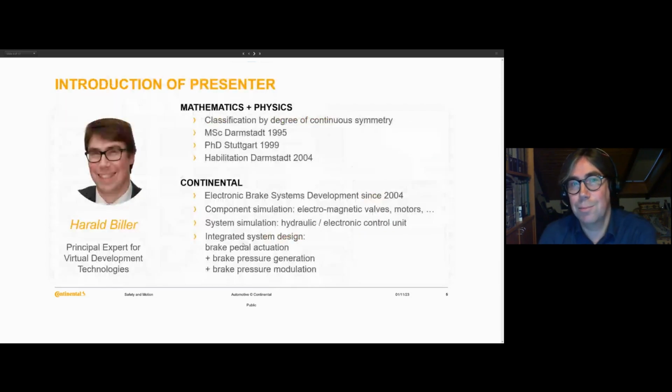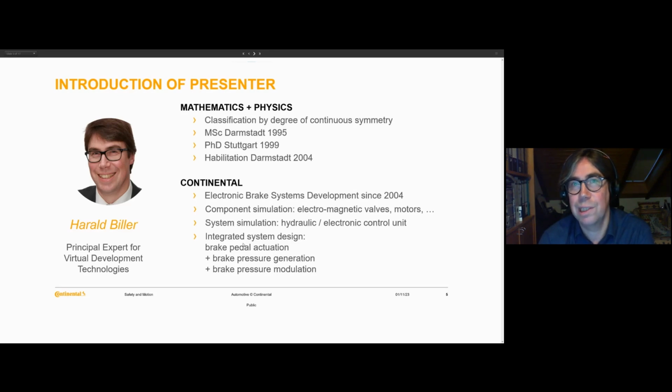And one slide to present myself. My background is mathematics and physics. Studied in various German places and in London, got my PhD from Stuttgart. Then I joined Continental almost 20 years ago in the development of electronic brake systems. First, I did component simulation, that is PDE modeling.